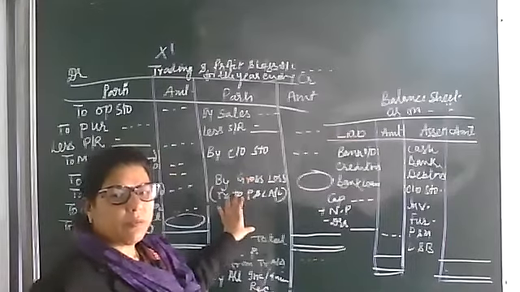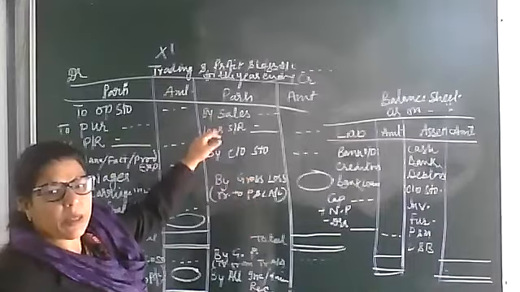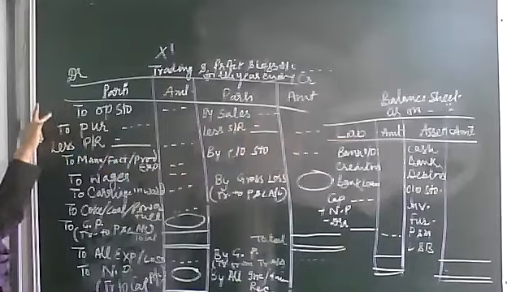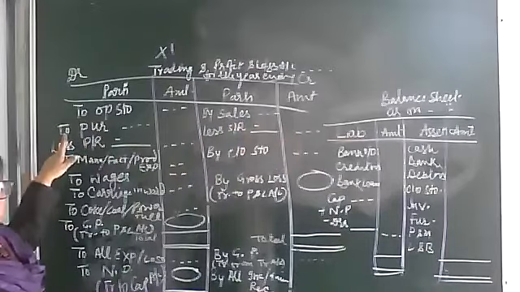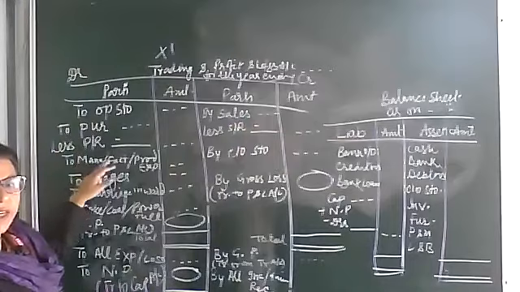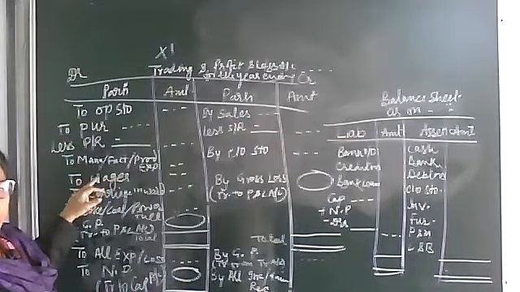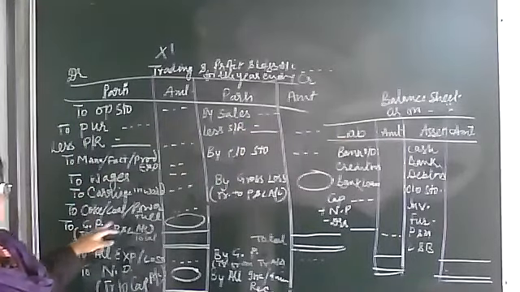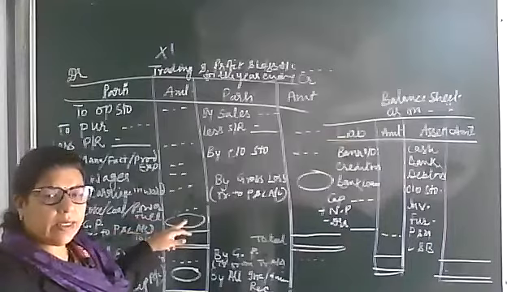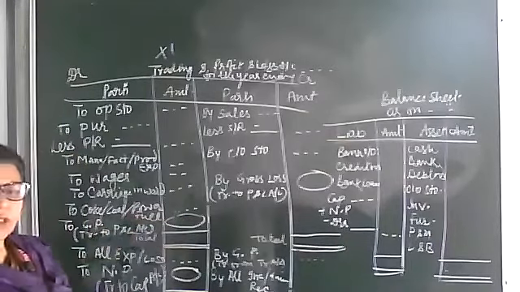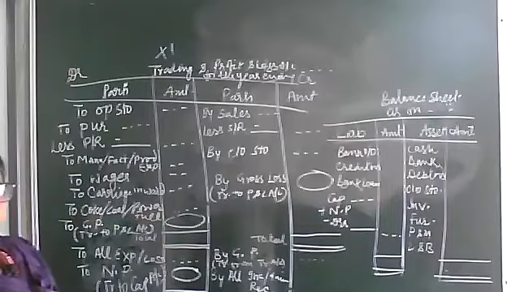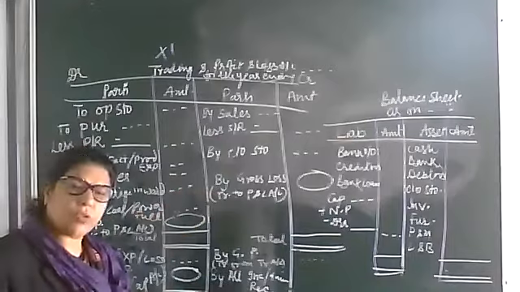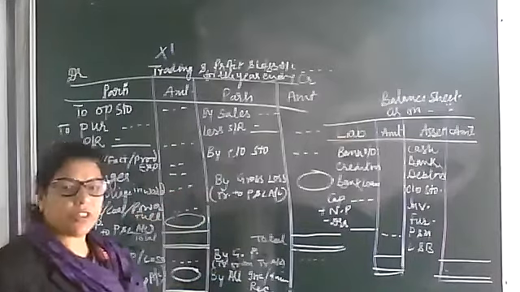Trading account is prepared this way: sales minus sales return, closing stock on this side; opening stock, purchase minus purchase return, manufacturing or factory production expenses, wages, carriage and coal, power, fuel, and gross profit on this side. This is the balancing figure which is known as gross profit. If the amount remains here, that is gross loss. This amount is transferred to this side. This is gross profit transfer.